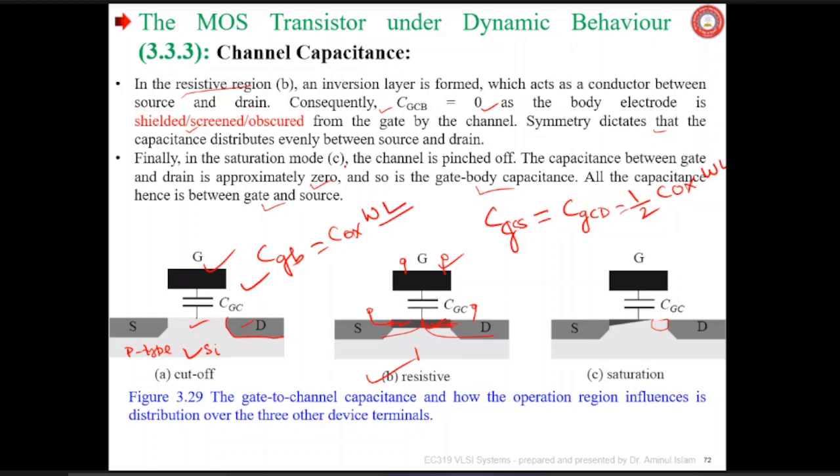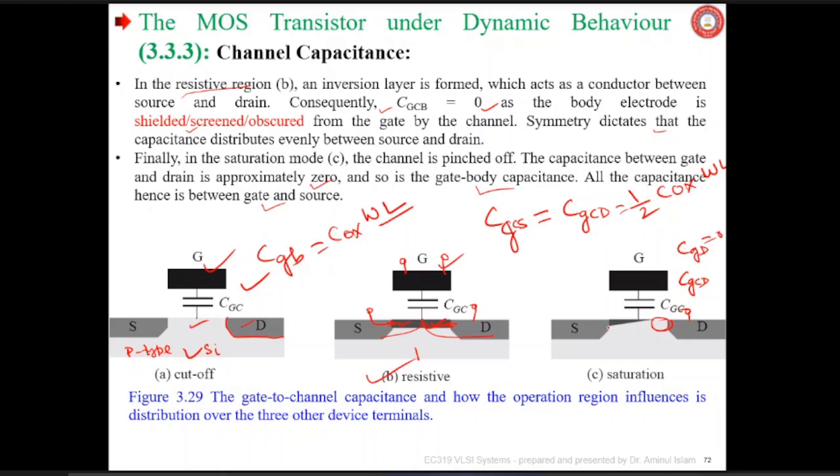Finally, in the saturation mode, the channel is pinched off, and in this region you don't have a channel, I mean an inversion layer. So this capacitance CGCD, otherwise I prefer to write CGD, is 0.